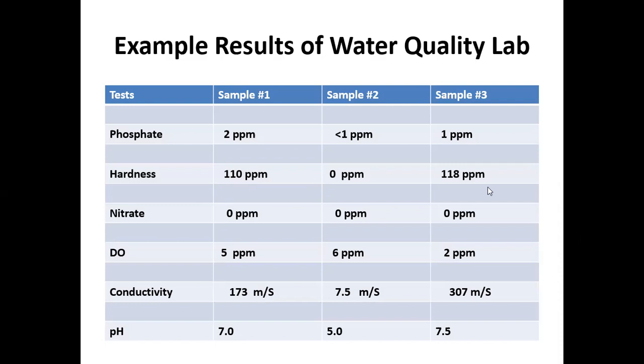So not good. Now this third sample, it's not a huge difference from the first one, except you can see dissolved oxygen levels are very low, and that's not good. And your conductivity is very high. So those 2 things would kind of tip you off that it's not a great quality water there.